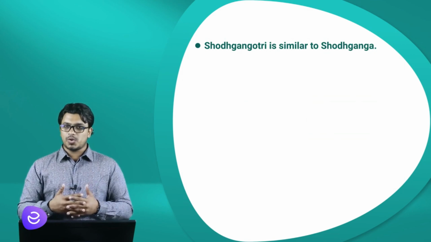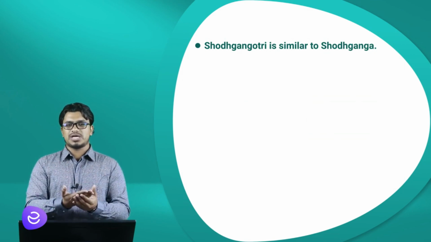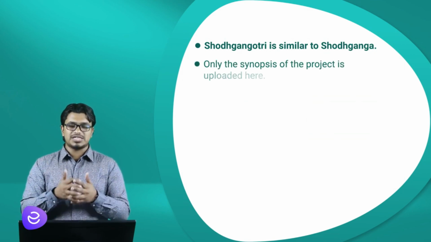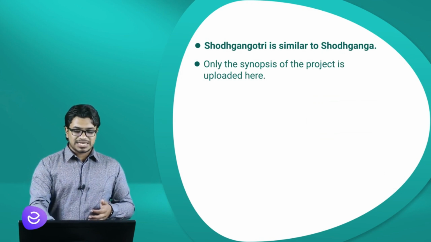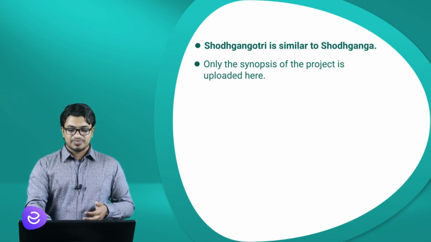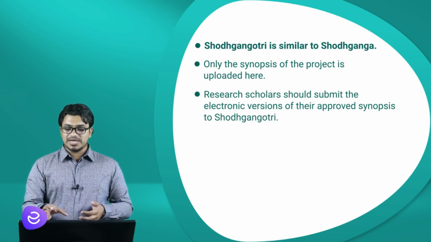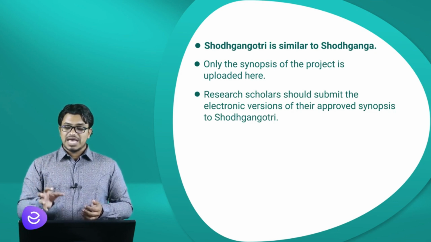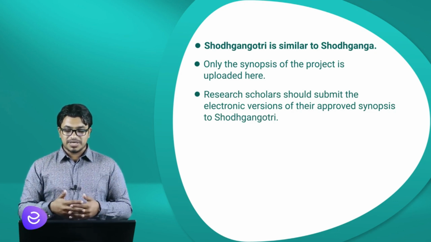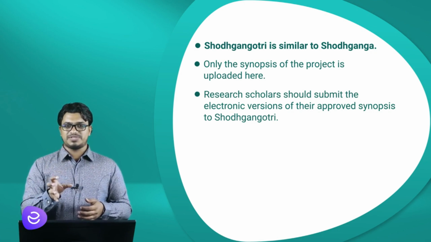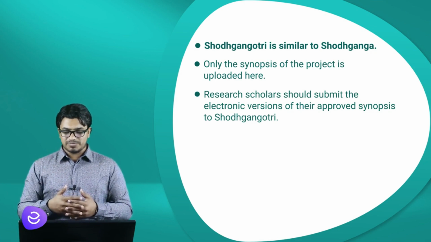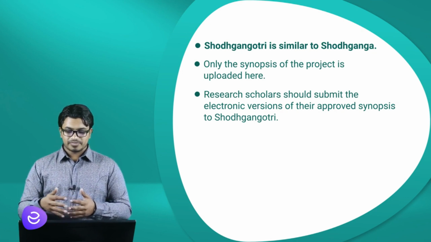Next is Shodhgangotri, which is similar to Shodhganga, but here only the synopsis or the abstract is given to Shodhgangotri. Research scholars and research supervisors are requested to deposit electronic versions or soft copies of the approved synopsis to the Shodhgangotri website or platform.